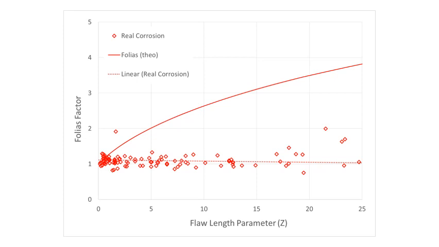Now the foliage factor that I've used here is from the modified ASME B31G equation. Now you'll see from the dashed line where I've put a trend line through all of the real corrosion data, we have essentially a zero slope line. And what that shows us is that the length of these corrosion failures is really not playing a major factor at all in our failure pressure calculations, even though the ASME B31G equation would report it that way.